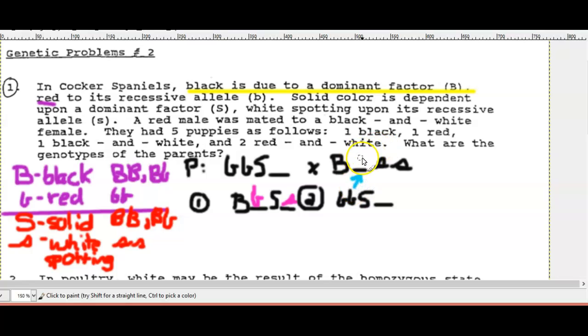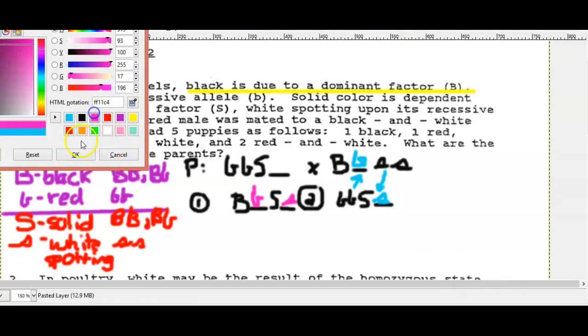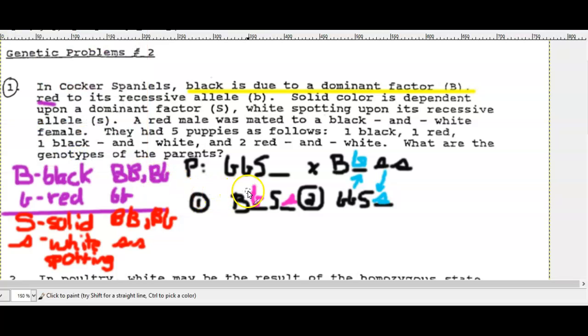We figured that one, figured out the mom. And also the mom can only give little s's, so we know that one got a little s. So we got that one from that parent. Got that little s from that parent. Alright, so we did those two.